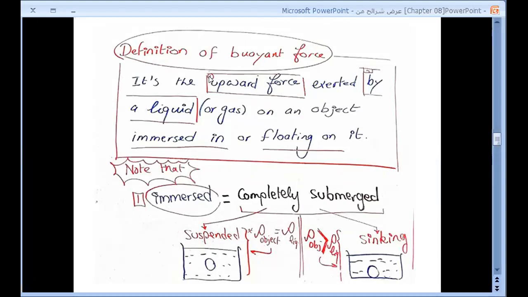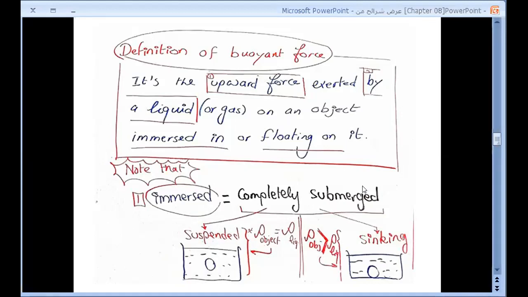This is an upward force that's exerted by a liquid. Not only liquid, but also gas. The book wrote a liquid. Yes, I know the book wrote a liquid, but the reality is liquid or gas.